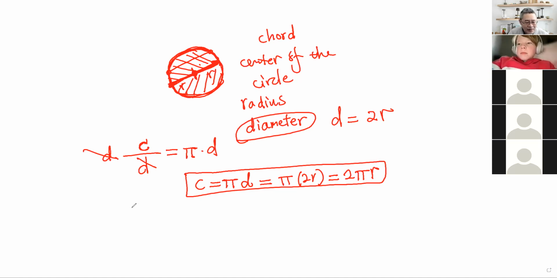Then what about the area? We have a circle. People found that, what happens if we cut it into slices?